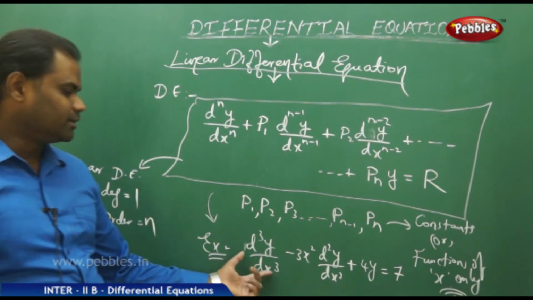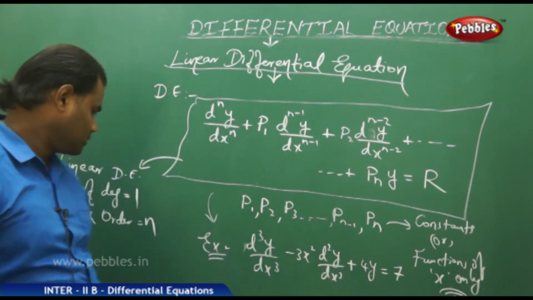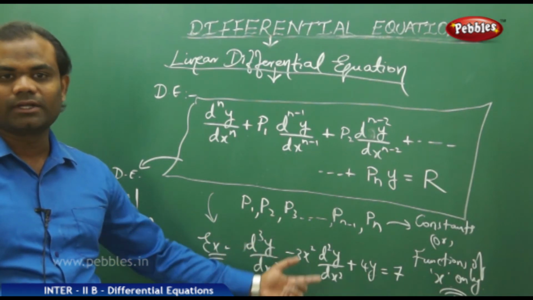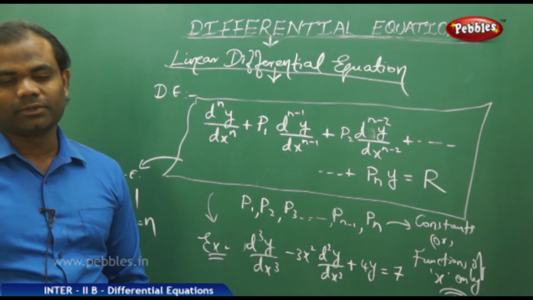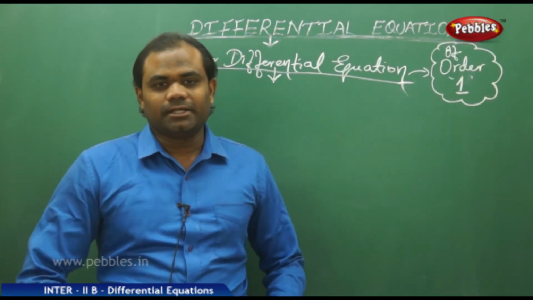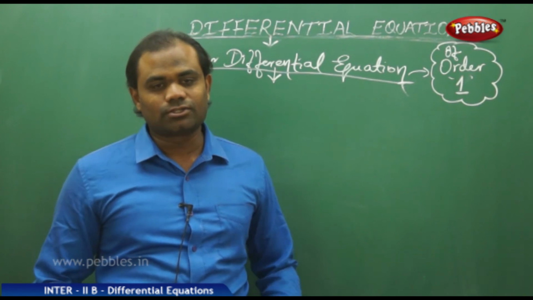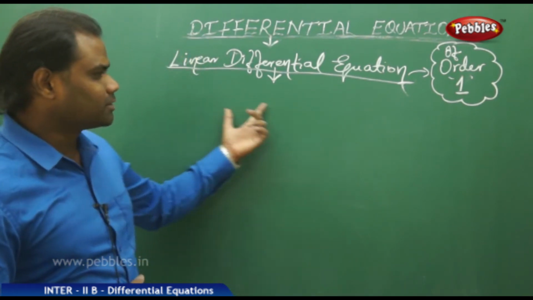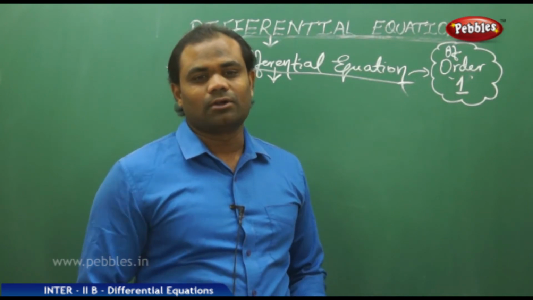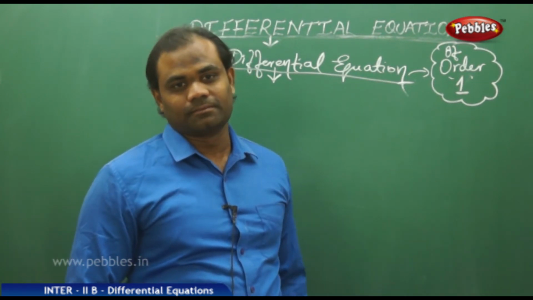So this is a linear differential equation of degree 1 and order 3, is how we understand the linear differential equation connected with the method 4. Now let's see in the method 4 exclusively the solving of linear differential equation of order 1 only. The higher orders are beyond the syllabus of the session.